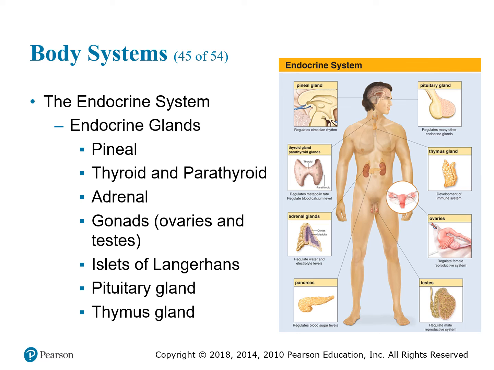Now, the islet of Langerhans is within the pancreas, okay, and that is what is responsible for the endocrine functions of the pancreas, and different cells are going to release things like insulin and glucagon. Now you have the pituitary gland, again, the master gland in a sense.